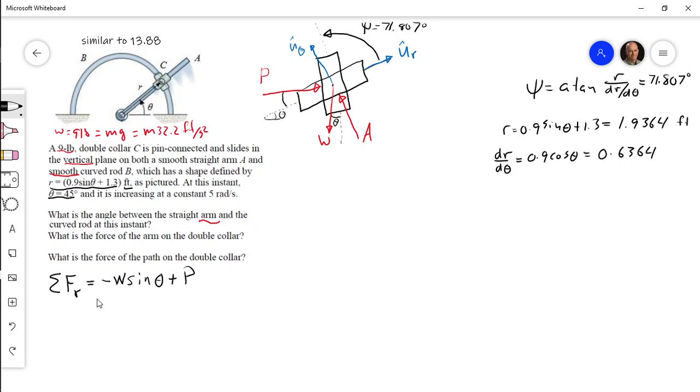And hopefully you can see that P is perpendicular to this collar, and this collar follows the path, and so that's tilted from here. This is the complement of 71, and I better calculate it. I think it's 18 something. 90 minus 71.807, 18.193.